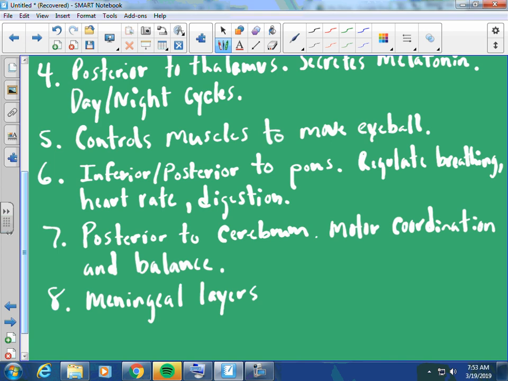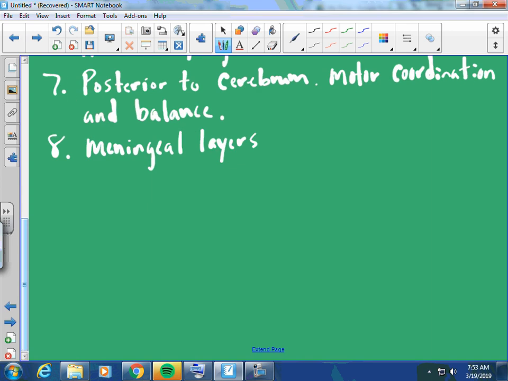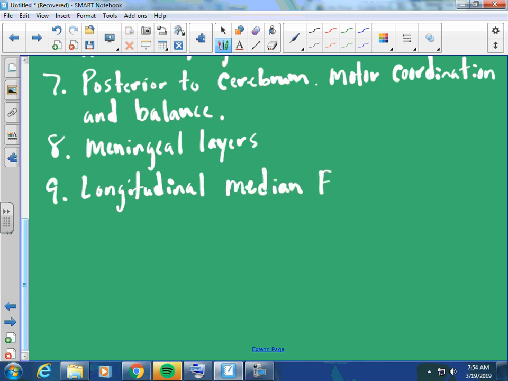Okay, what do we call that long division between the two cerebral hemispheres? Okay, the corpus callosum is down in there. It connects the two cerebral hemispheres. But that long opening between them is called the longitudinal. You said it? Median fissure.